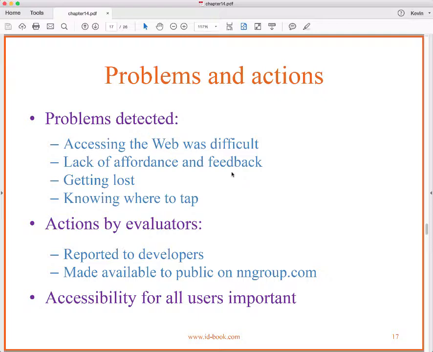And they're going to claim that they believe that accessibility for all users was important, and gosh, it's hard to argue with that, isn't it? But the thing that I like is the kind of problems that they found, because when I thought back to my early experiences with my iPad, it rang pretty true, right?